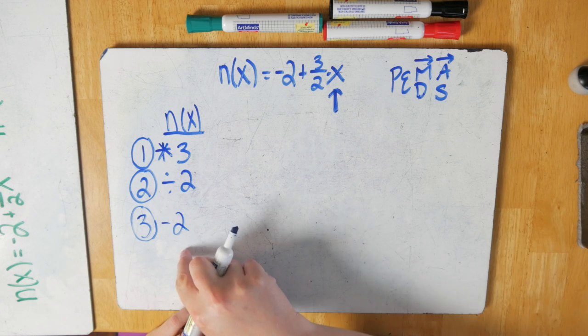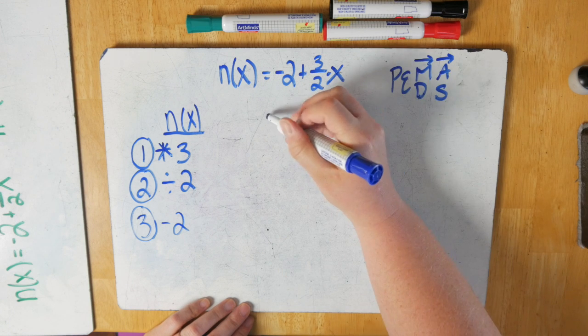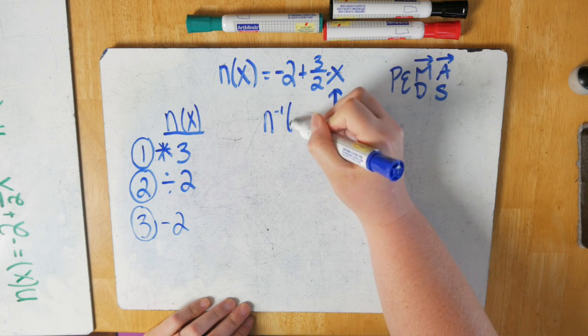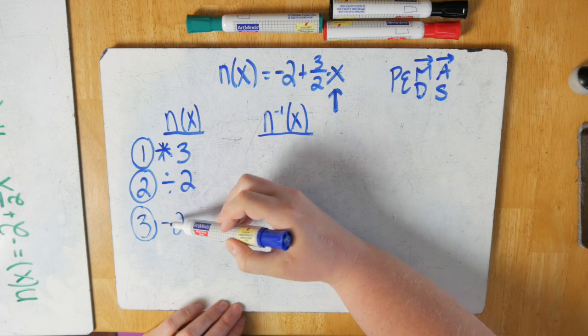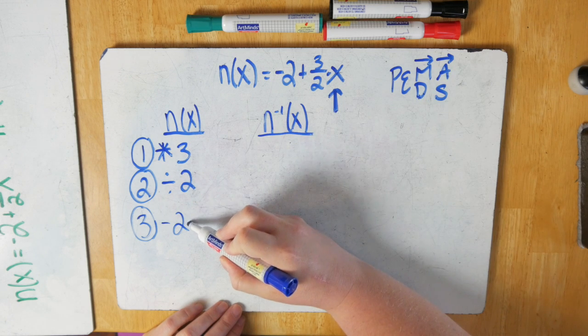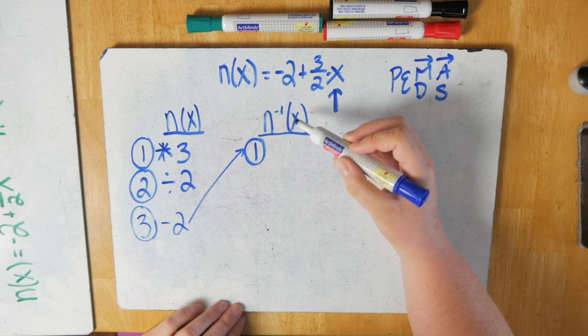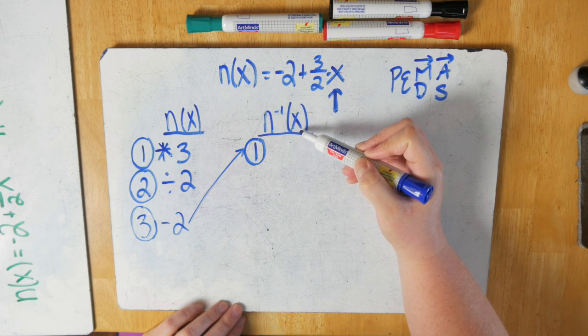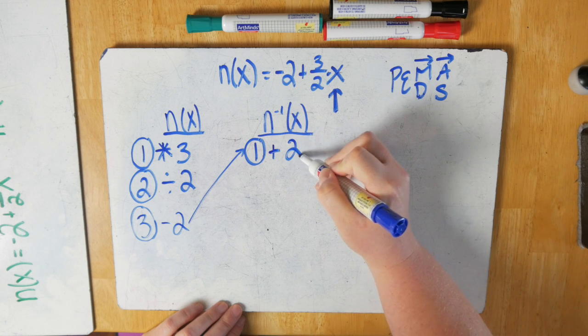So we have 3 things that would happen to the input upon plugging some number in. And to find the inverse, again, we're going to inverse each individual operation and reverse the order. So the first thing that we would have to do for the inverse, after having some input x, is add 2 to it.